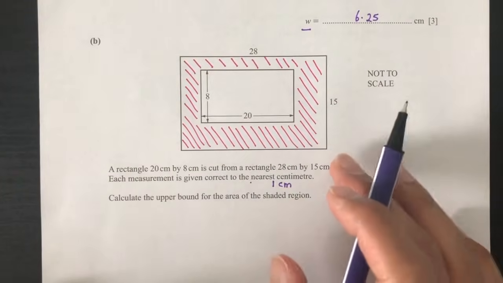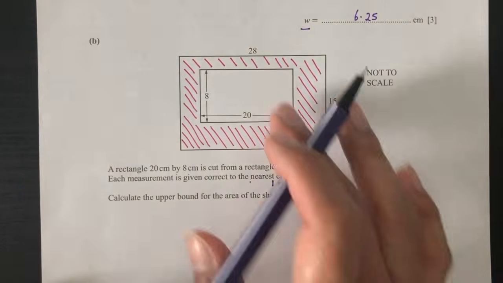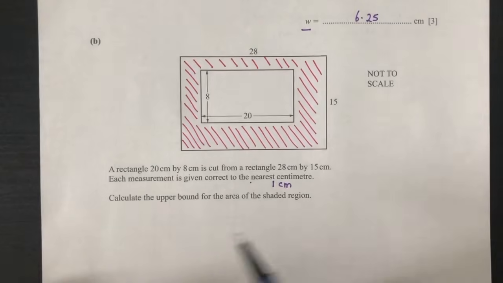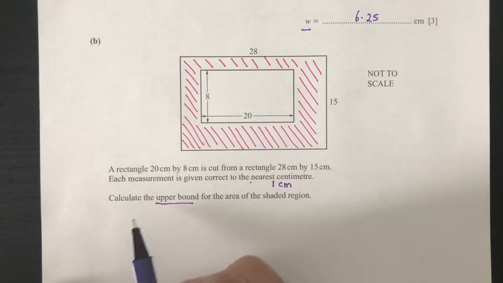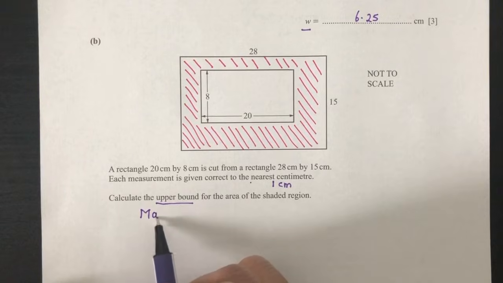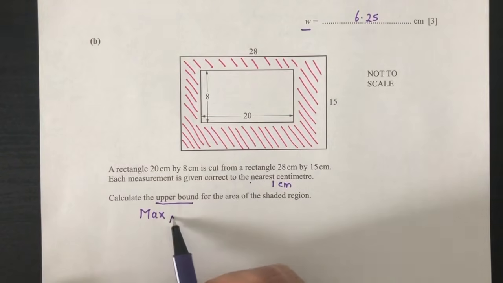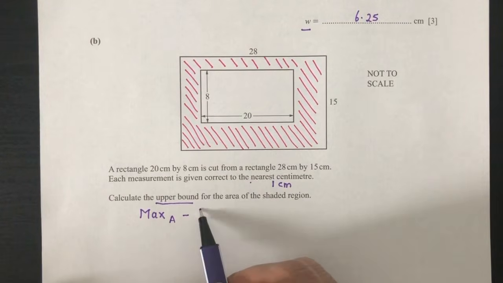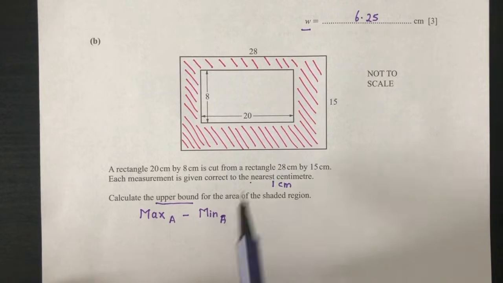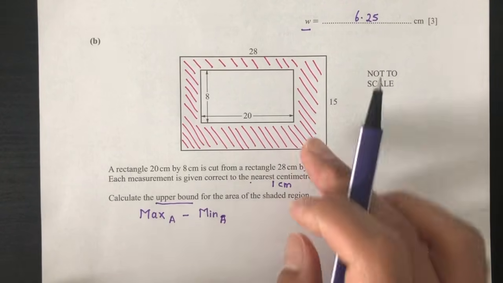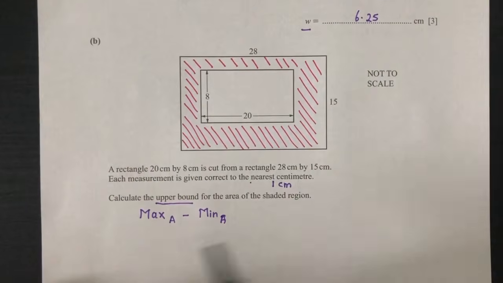So usually you will take the area of the big one minus the small one, right? So to find the upper bound, you have to take the maximum area of the big one minus the minimum area of the small one, so that you can find the upper bound for this area. I hope that makes sense.